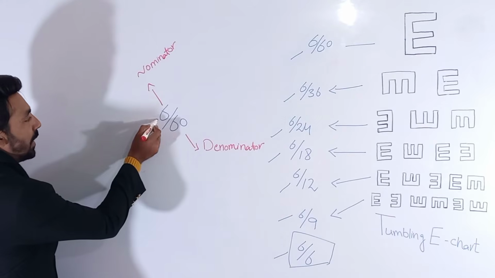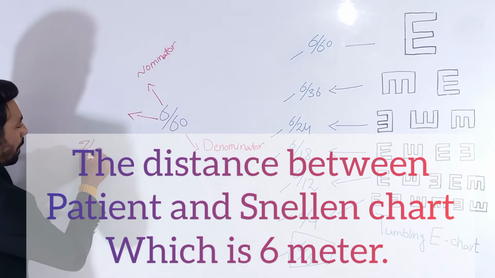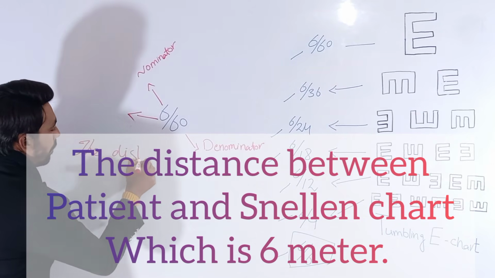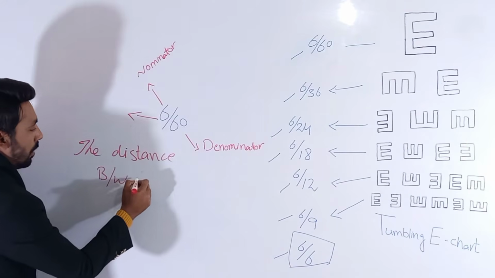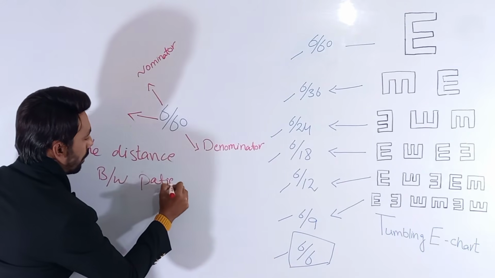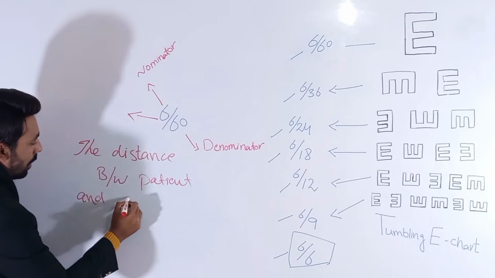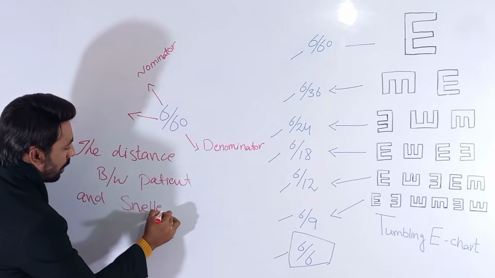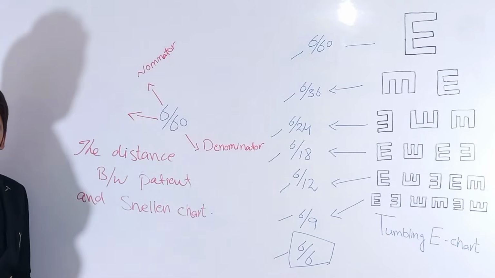So the numerator is actually the distance between the patient and the Snellen chart, right?